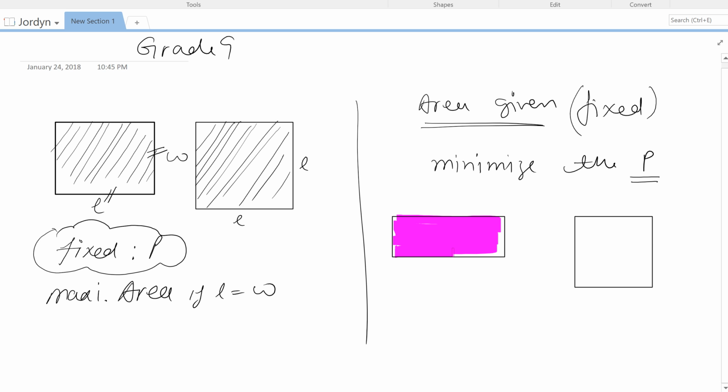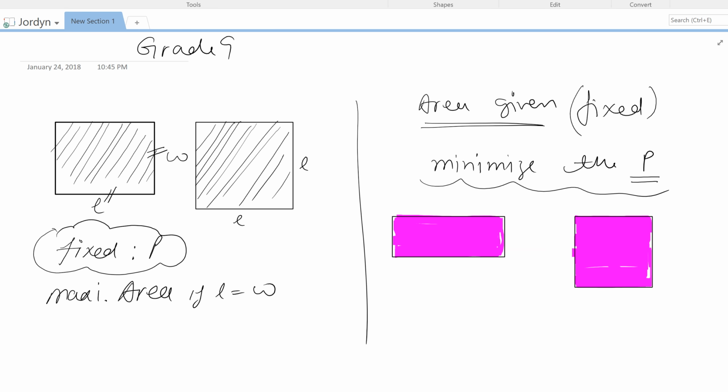The question is, we have to minimize the perimeter, the circumference of that shape. So which shape is going to give you the minimum perimeter? Area is given. They fix that area, and by using that area you have to minimize the perimeter. What do you think about it?